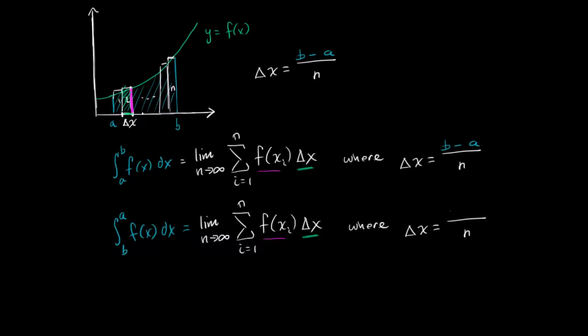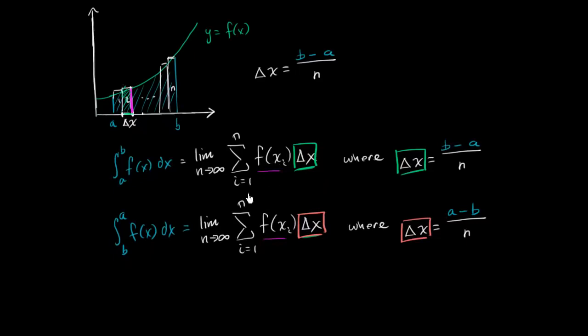So this orange delta x is going to be the negative of this green delta x.